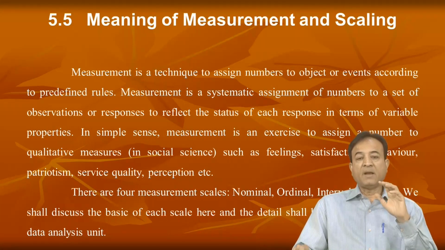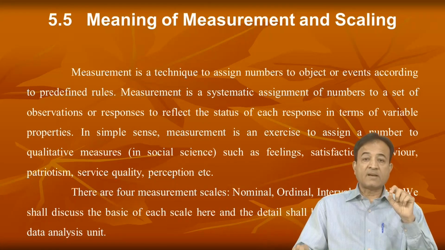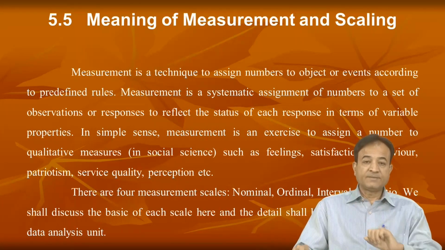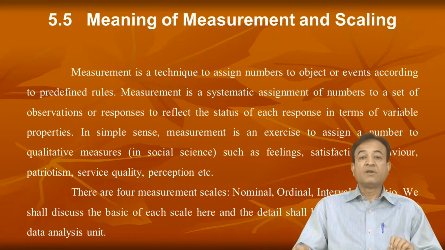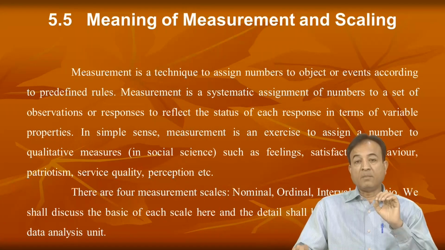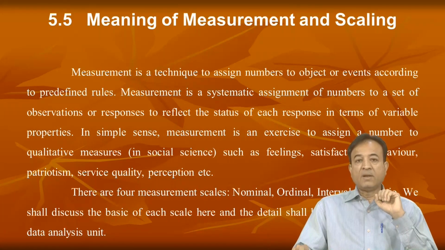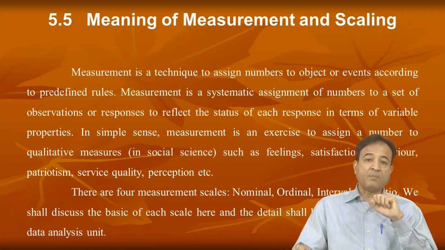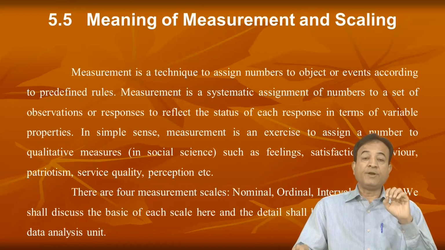For example, in MBA admission process, the marks difference between first rank and second rank student is an example of interval scale. Then final, ratio. Ratio is a measurement scale that has absolute measurement number attached to object or event. For example, in MBA admission process, the marks of each student in MBA entrance examination is an example of ratio data.